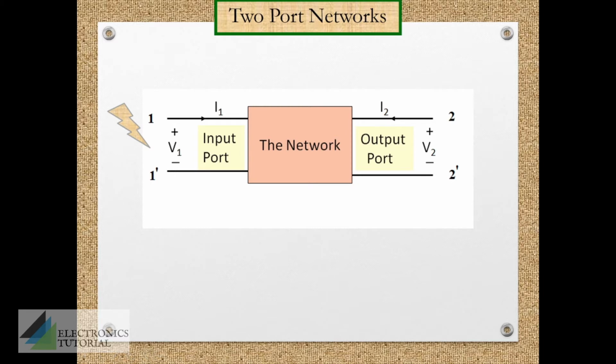Similarly, we can define the output port, which is here marked as 2 2'. Here also we can find two terms, namely I2 and V2: the current through the second port as I2 and the voltage across these terminals as V2.